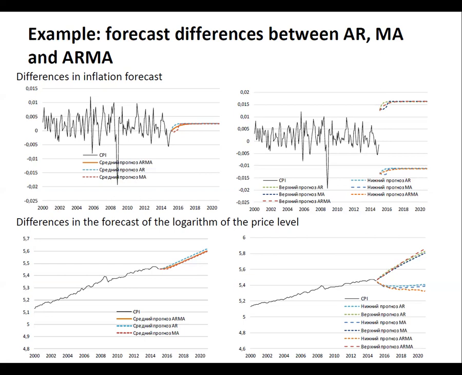Once again, these three models are almost identical. This graph shows the upper and lower forecasts, which are calculated by the formulas. Everything is the same here. Almost the same patterns are repeated. And on this chart, we have the upper and lower forecasts for all three models for the price level indicator.